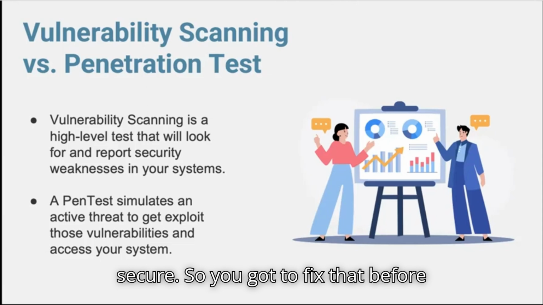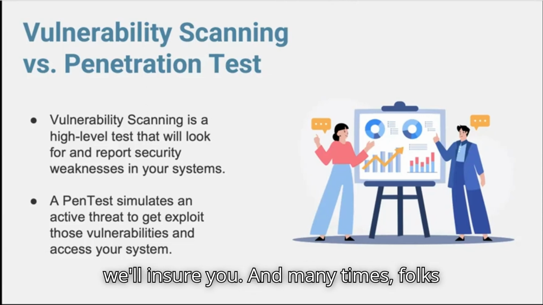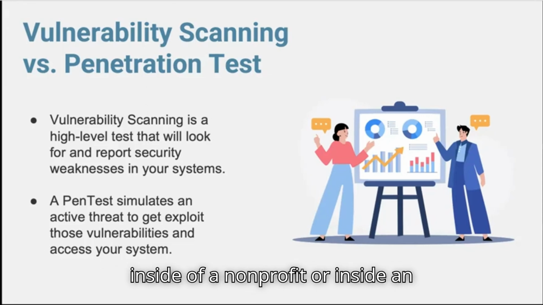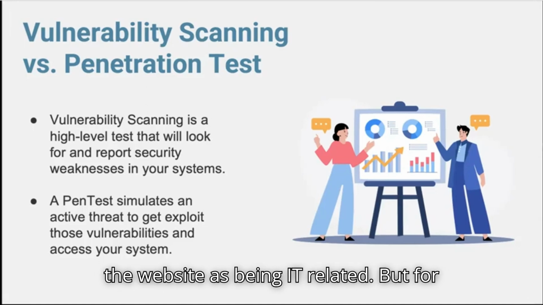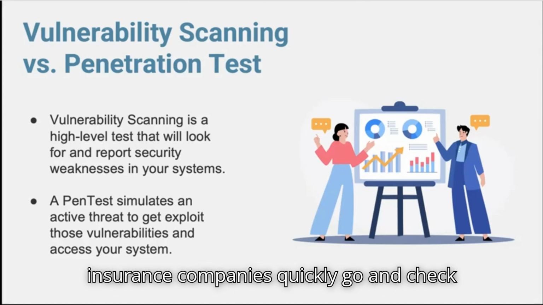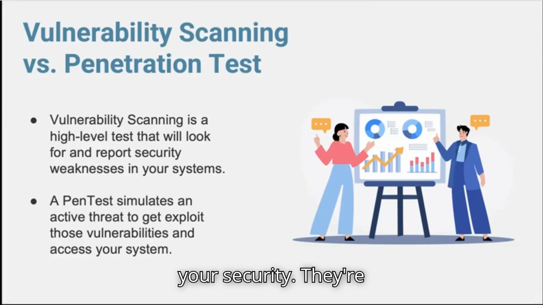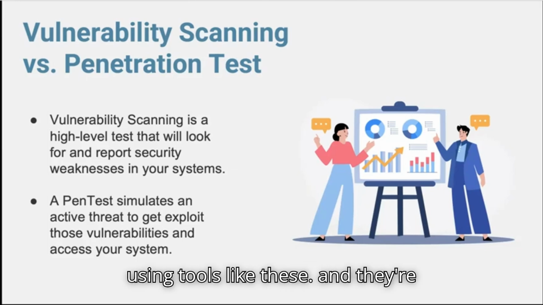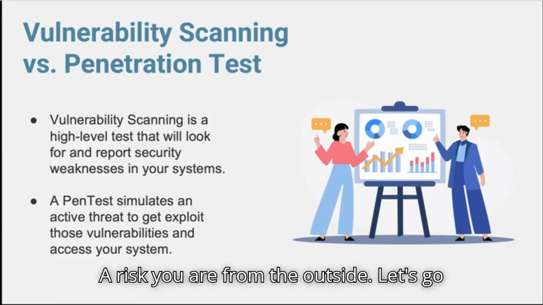So you've got to fix that before we'll insure you. And many times, folks inside of a nonprofit or inside an organization aren't even thinking about the website as being IT related. But for cybersecurity, it's one of the ways that insurance companies quickly go and check your security. They're using tools like these, and they're scanning, and they want to see how much of a risk you are from the outside. Let's go to the next slide.